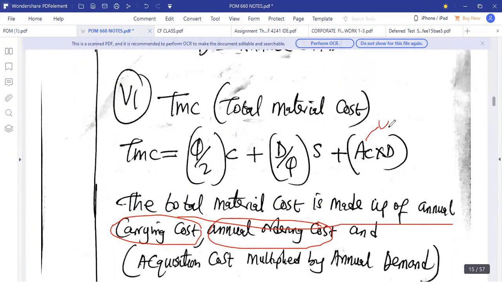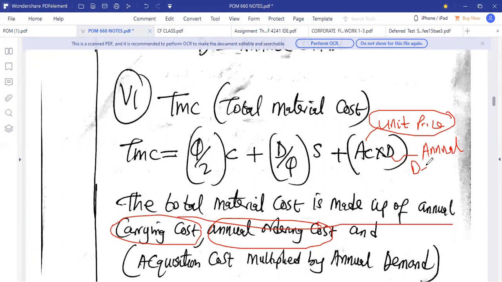It's the same as unit price. Unit price then multiplied by annual demand.